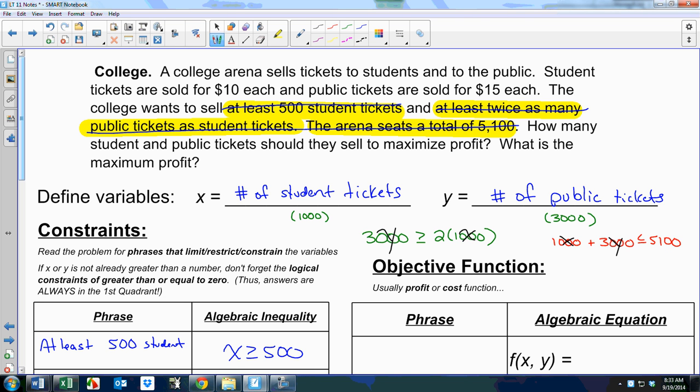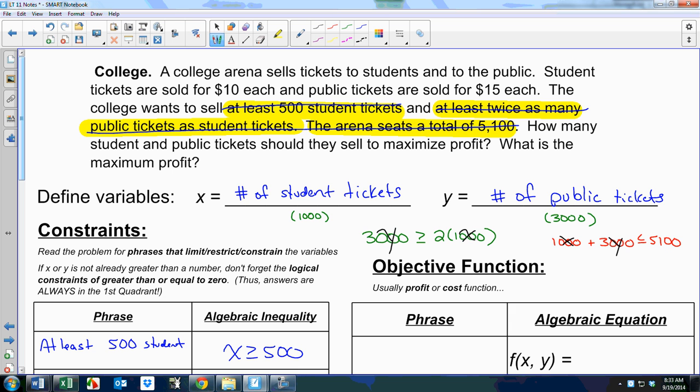There is still information, but it's about money, right? That's going to be your objective function. It's going to deal with your profit, whether you maximize profit or minimize costs. Okay, and a concrete example, again, will help here. How much money do you make with that 1,000 and 3,000? Aren't you going to take the 1,000 student tickets and multiply them by 10?